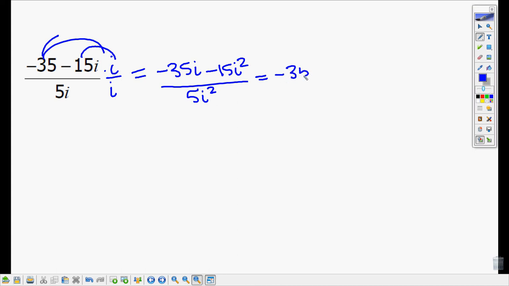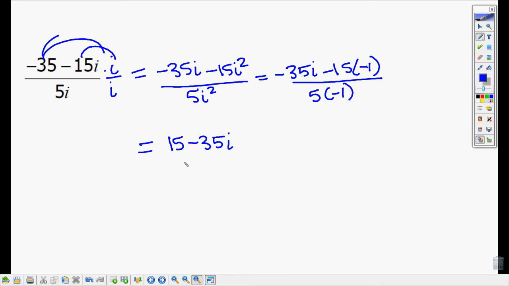So I have negative 35i minus 15 times negative 1 over 5 times negative 1. So I'm going to simplify. I'm going to bring my number to the front, my imaginary part to the back for my a plus bi form. So a negative 15 and negative 1 is 15 minus 35i all over negative 5.